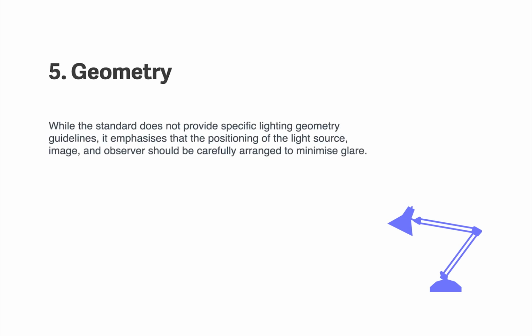Glare can be problematic when assessing color prints, as it not only causes distraction, but also hinders the ability to observe reproduction details accurately. While the standard does not provide specific lighting geometry guidelines, it emphasizes that the positioning of the light source, image, and observer should be carefully arranged to minimize glare.